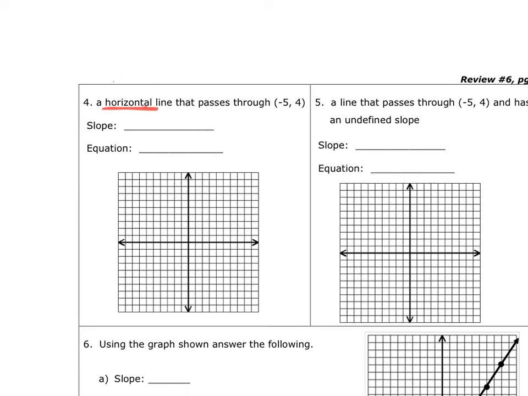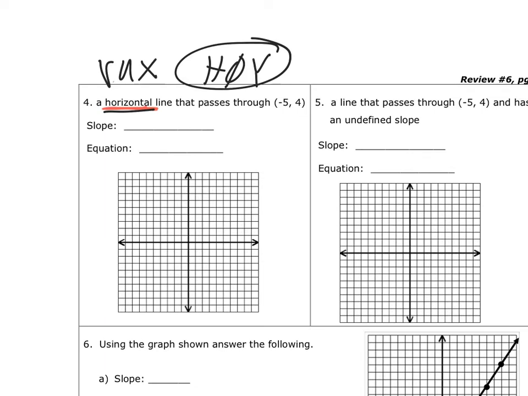If it's horizontal and it passes through (-5, 4), we have a phrase that we use. It's called VUX HOI. If it's horizontal, that means you're going to use HOI. So I'm going to ignore VUX.